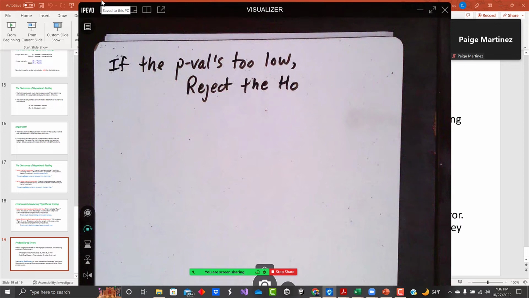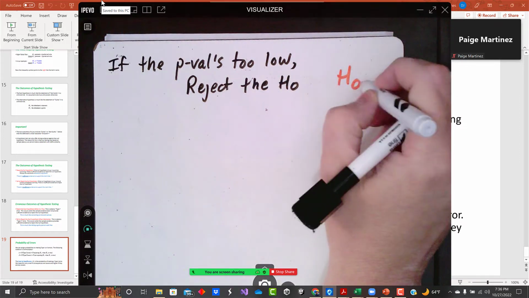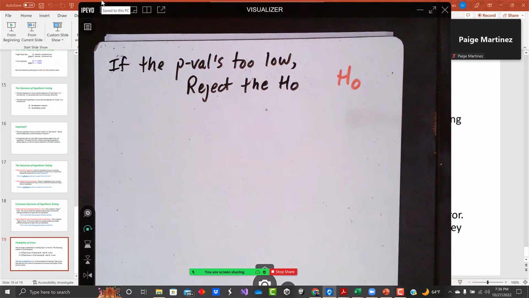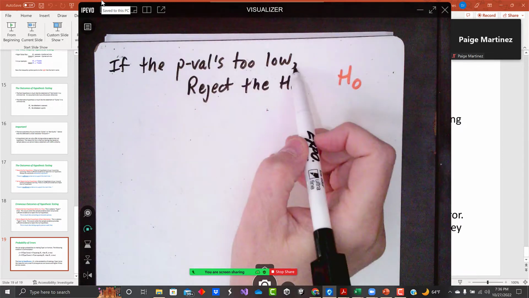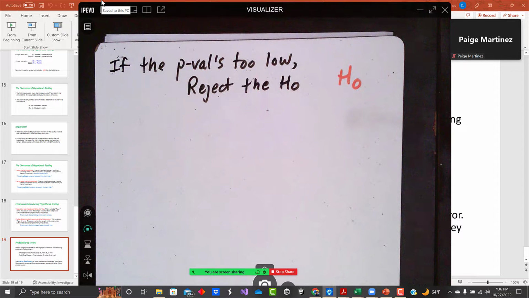If the p-val is too low, reject the HO. HO being H naught, but it looks like ho, ho, ho. Reject the HO. Reject the null. If the p-val is too low, it means it's lower than alpha. You reject H naught.